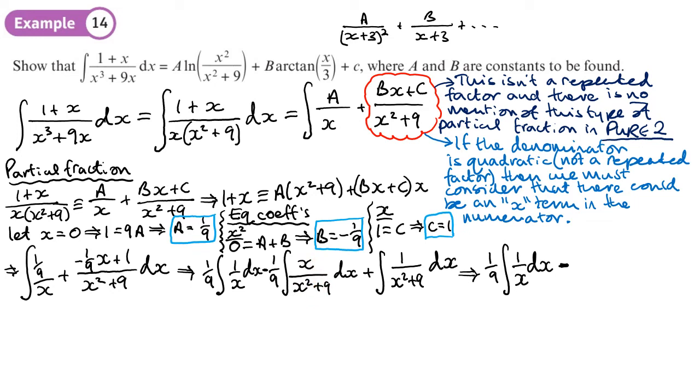Now for that to happen, I'll just leave a little bit of space for my constant in a minute. I want 2x at the top over x squared plus 9. Yeah, the bottom differentiated gives me 2x.